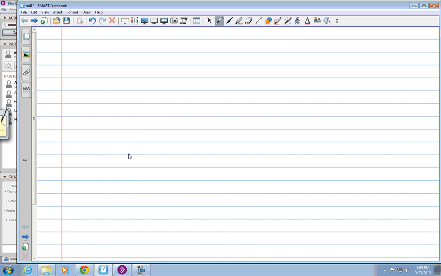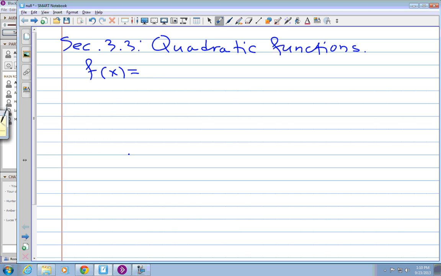So we're going to talk more about quadratic functions today, and that's section 3.3. A quadratic function is one of the form f of x equals ax squared plus bx plus c.